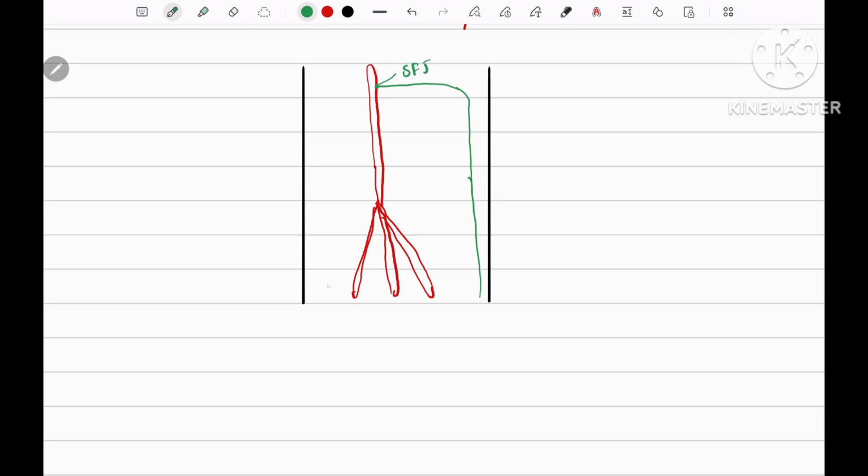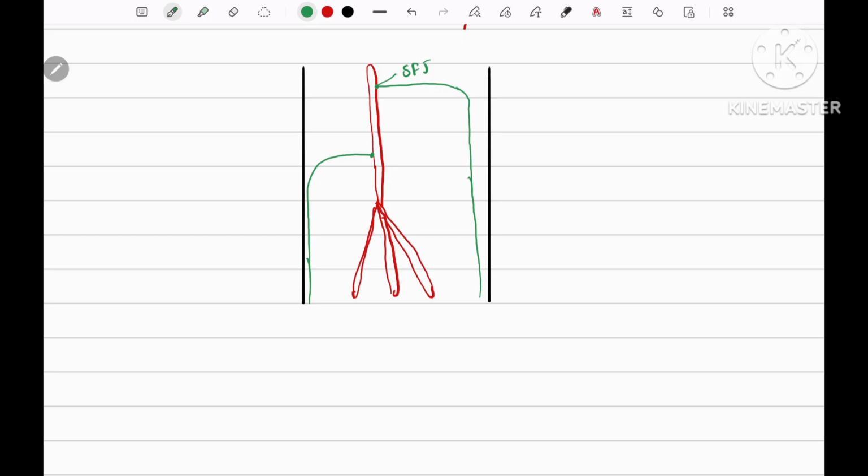And here is the short saphenous vein, which joins the popliteal vein at 2 to 15 centimeters from the knee joint line.